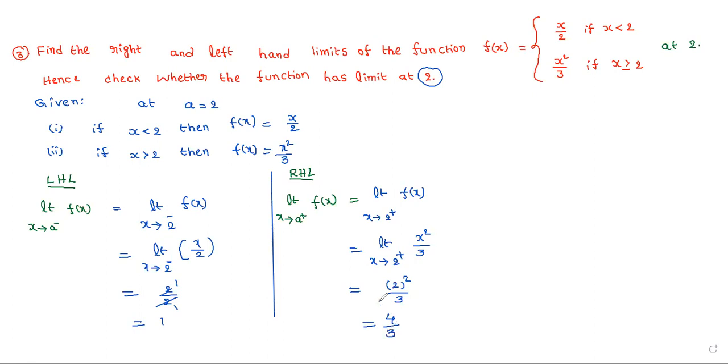Both are same or not same? They are not same. So LHL is not equal to RHL. Therefore, limit x tends to 2 f of x does not exist.